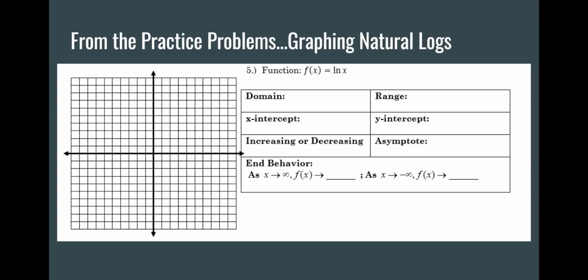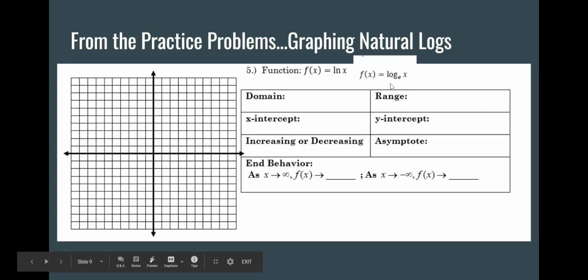The function f of x equals the natural log of x. To translate the natural log of x to a logarithmic function, remember the natural log is the same thing as log base e. So all I did here was I translated it into a log, and we're going back from everything that we've done up to this point in this video.